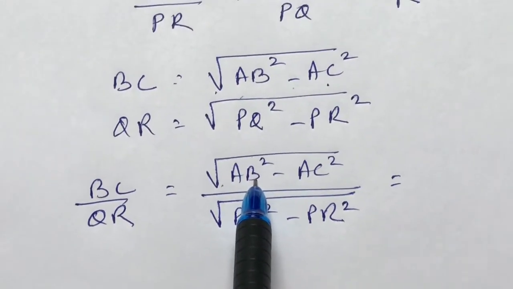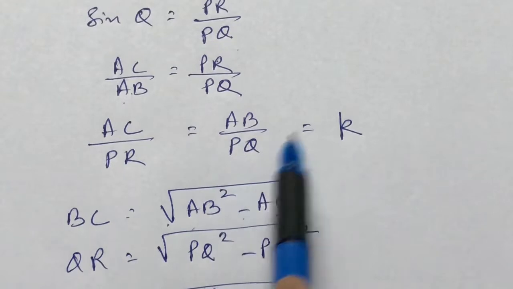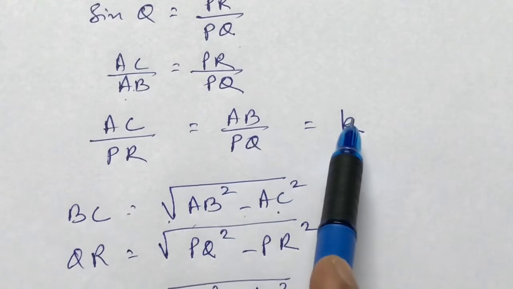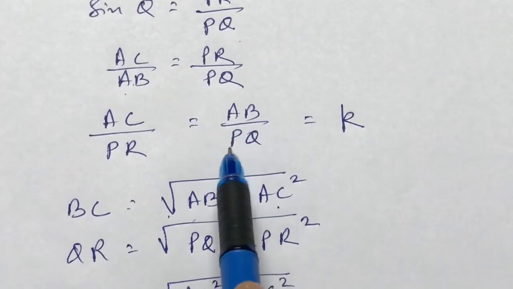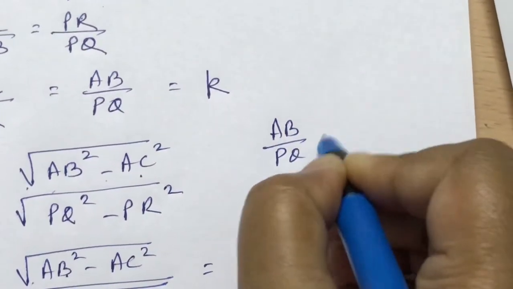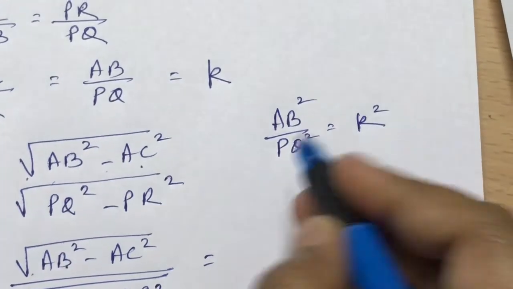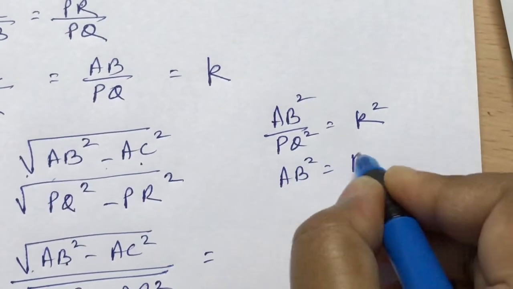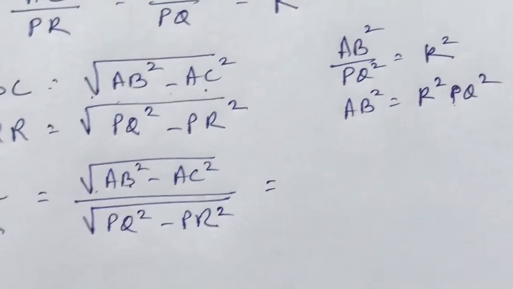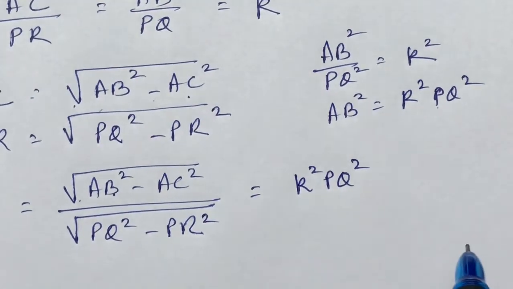See, AB by PQ is equal to K, or AB square by PQ square is equal to K square, or AB square is equal to K square into PQ square. So instead of AB square, I am writing K square PQ square.